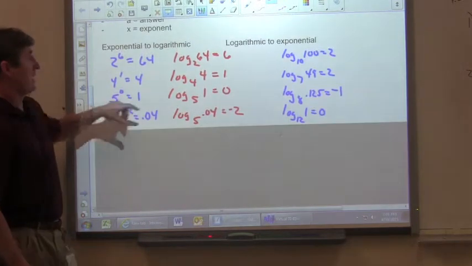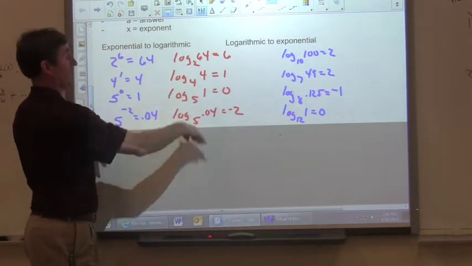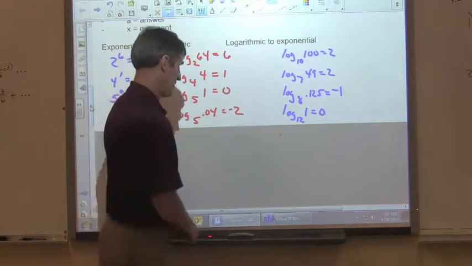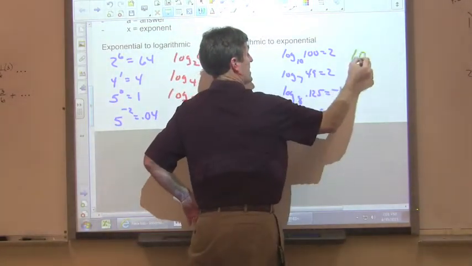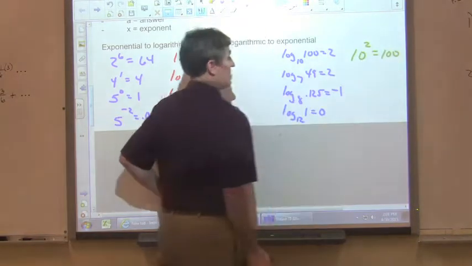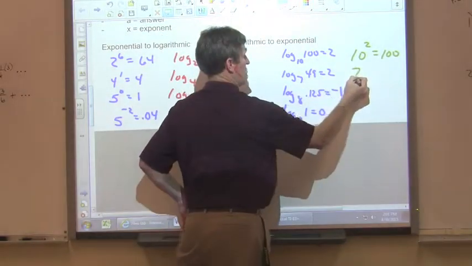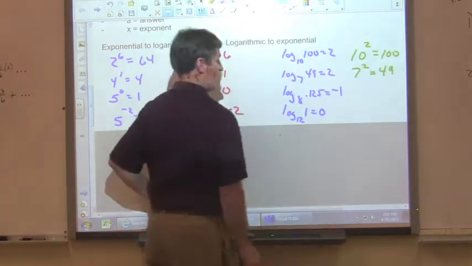Now, this was all exponential to logarithmic form. Now we're going to go from logarithmic form and change it to exponential form. So now my base is 10, my exponent is 2, and my answer is 100. My base is 7, again my exponent is 2, and my answer is 49.